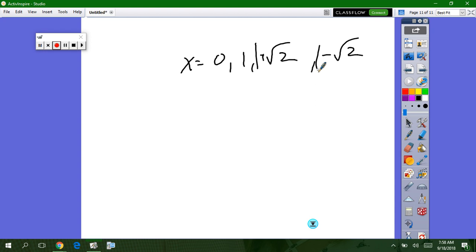Okay, still good? On your test, I just looked at it today. You're going to need to know how to put things in linear factors. So after you find the zeros, you can put them in linear factors. Can you find every single zero? Can you tell me all the possible rational zeros?